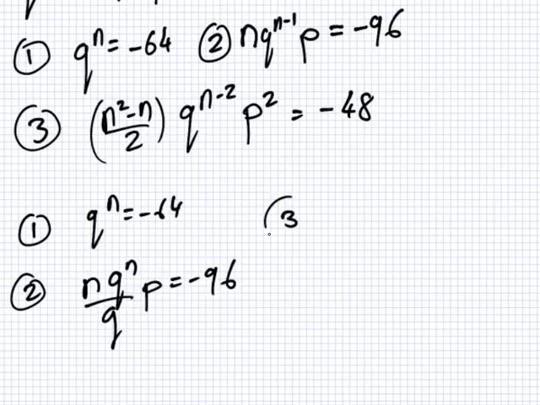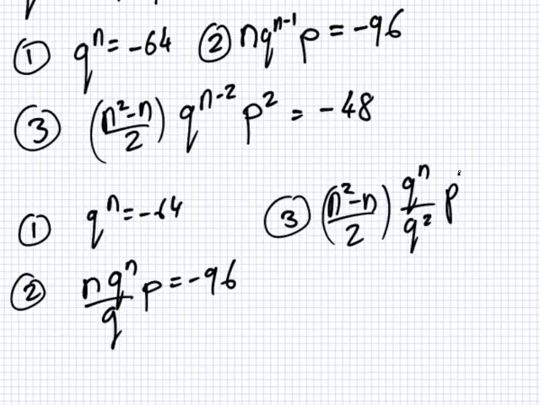And then equation 3, I'm going to write it as n squared minus n over 2 qn over q squared p squared equals minus 48. So all I did was split this into a fraction. We talked about this last time as well.